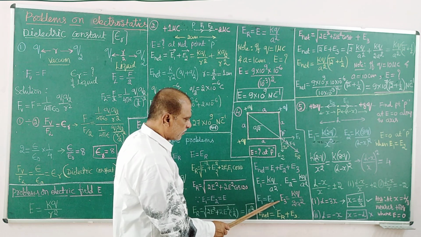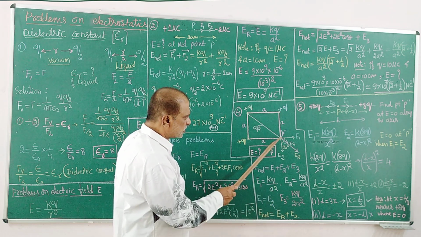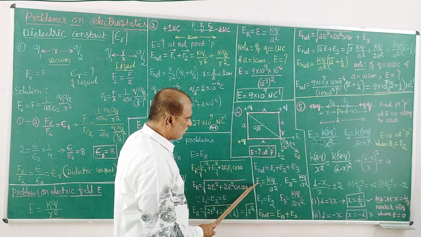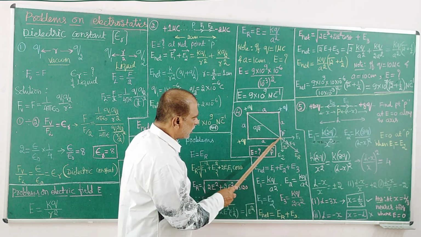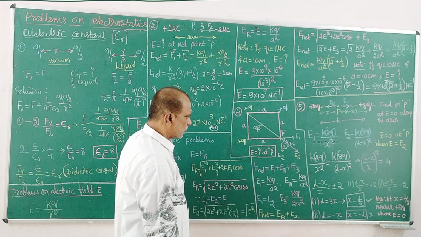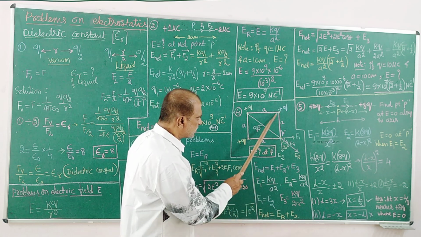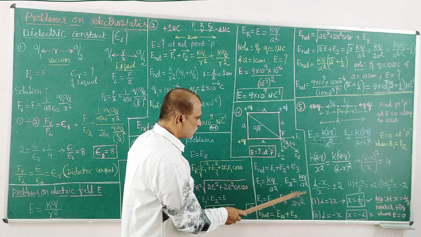That is E3, the electric field at this point due to this charge. E1 is the field at this point due to this charge, and E2 is the field at this point due to this charge, in that direction.